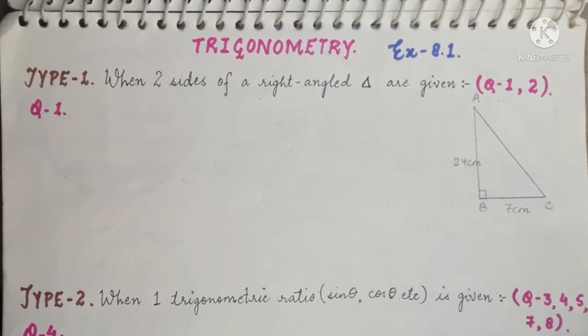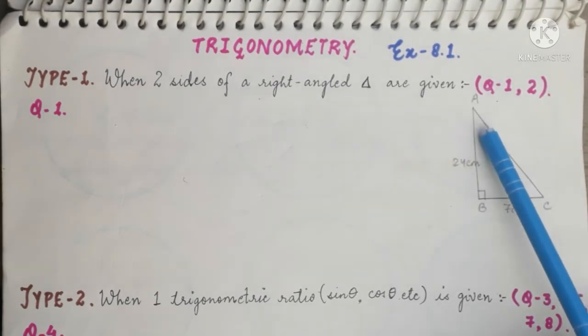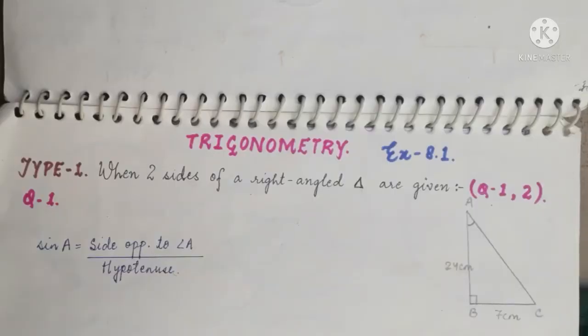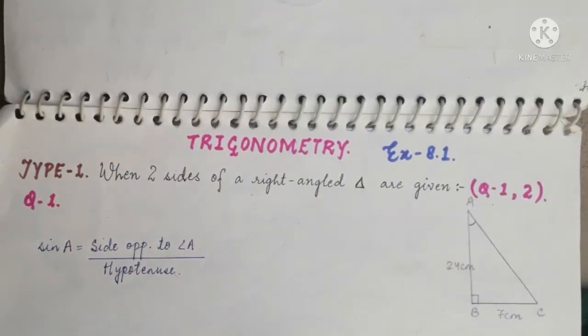So the first step is to find the remaining third side. Always remember this. Whenever two sides of a right angle triangle are given, we have to find the remaining third side. Why? Because we have to find sin A. Now what is the formula of sin A? Sin A is equal to side opposite to angle A upon hypotenuse.